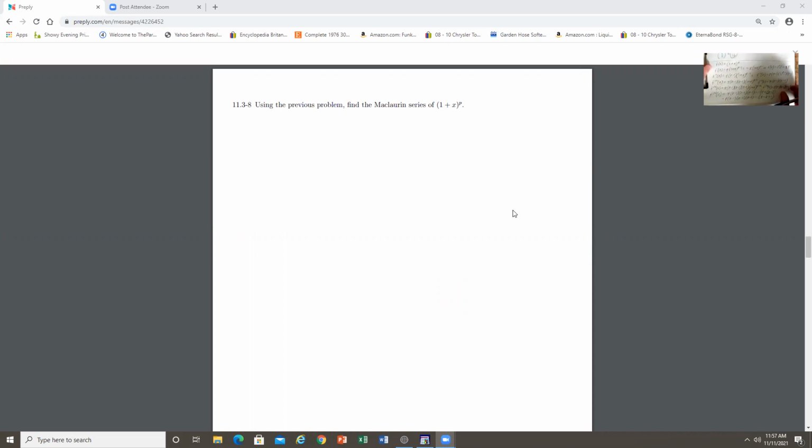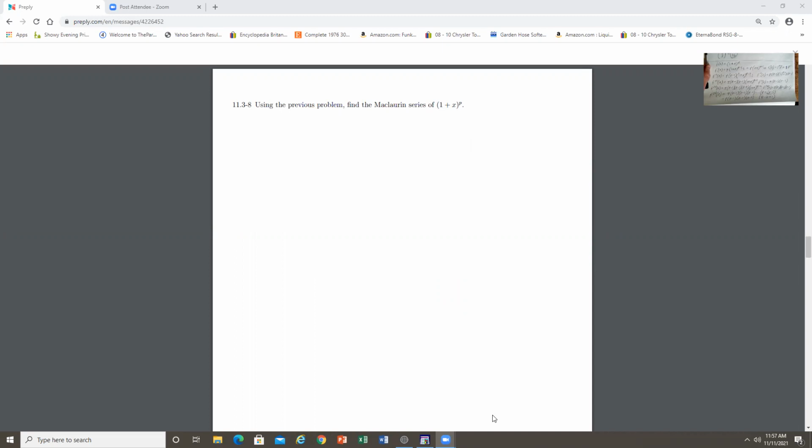Now let's look at the next problem here. Now it says, using the previous problem, find the Maclaurin series for 1 plus x to the p power. Well, that should be pretty darn simple. Maclaurin series of 1 plus x to the p power.